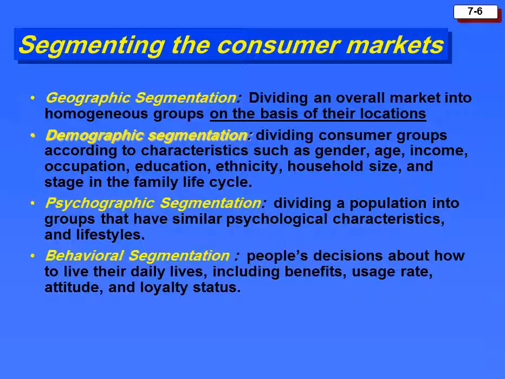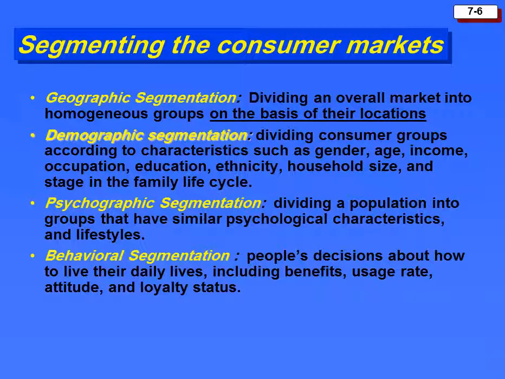Demographic segmentation divides consumer groups according to characteristics such as gender, age, income, occupation, education, ethnicity, household size, and stage in the family life cycle. Then psychographic segmentation divides a population into groups that have similar psychographic characteristics and lifestyles.